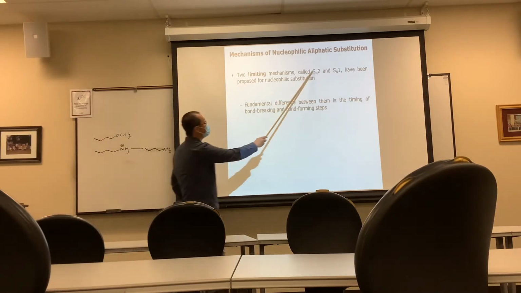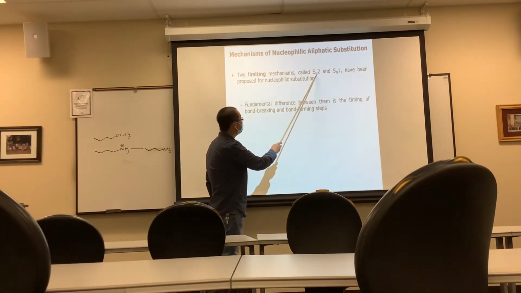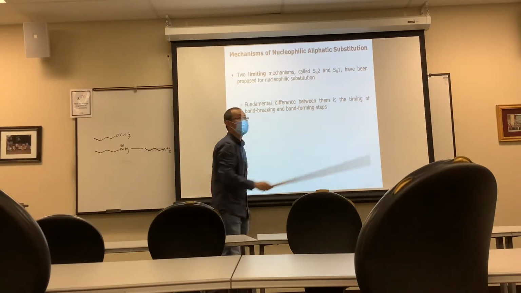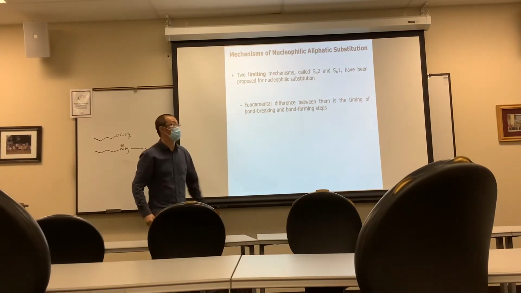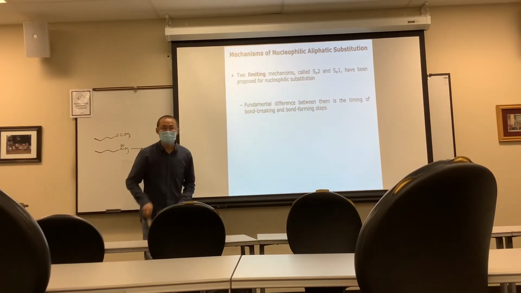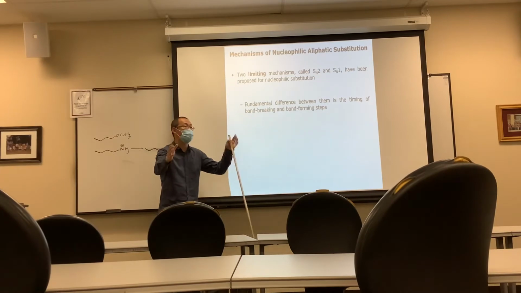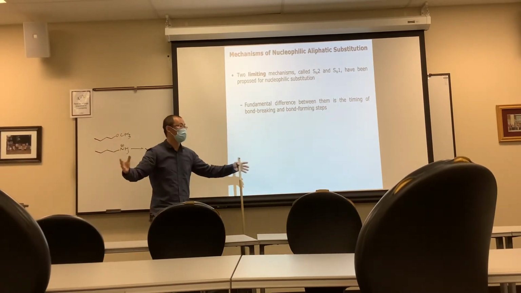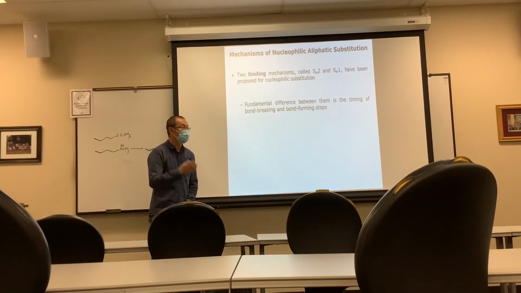S stands for substitution, N stands for nucleophilic. The only difference is 2 and 1, which I'll explain when we start the mechanism. Two limiting means sometimes the reaction may happen between these two mechanisms, but there are two limits, involving two distinct types of nucleophilic substitution.